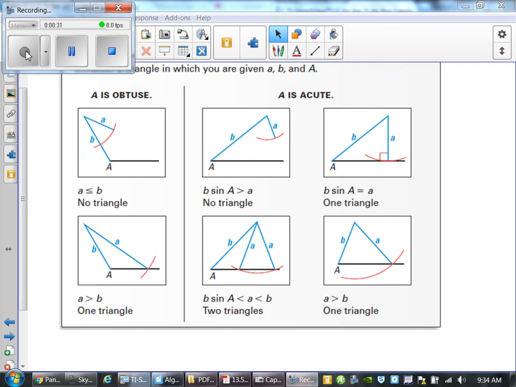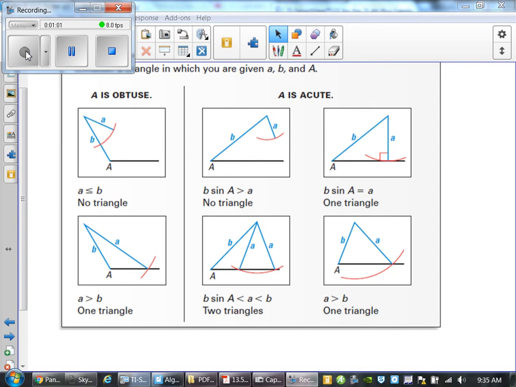So what happens here in the law of sines? We have a big S. Dealing with law of sines, you have to have the angle and the side opposite.